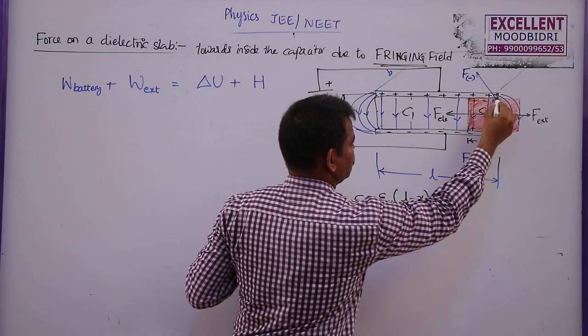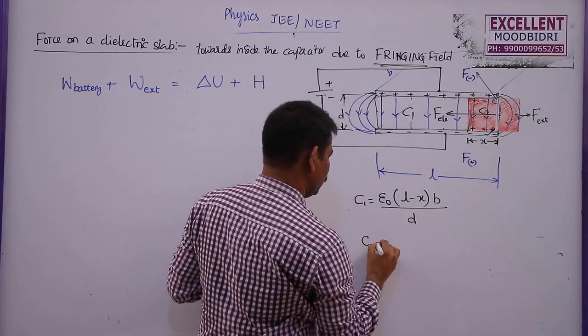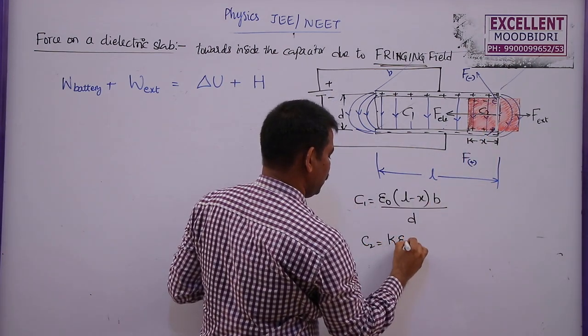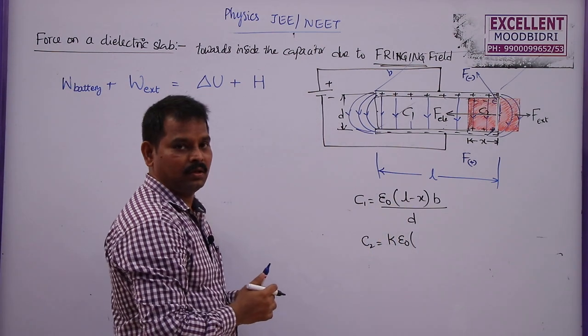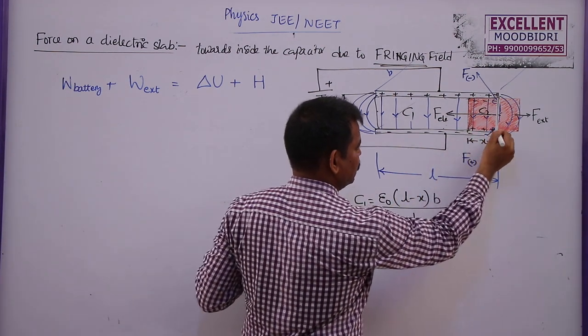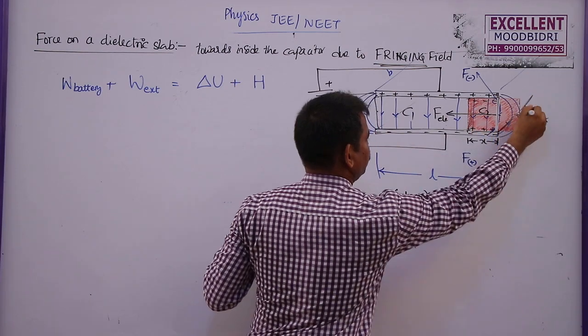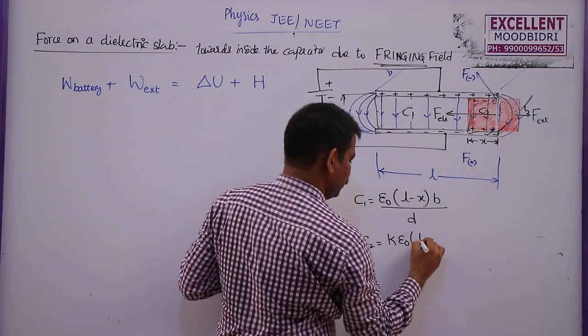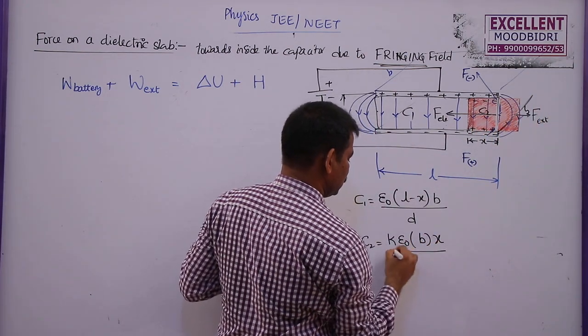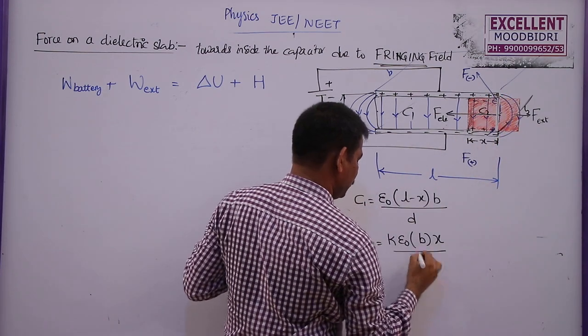What about the capacitance of the second part? That is C2. This is K epsilon naught, the length is x, the width is B, so this is B into x, and the distance between these two is D only.